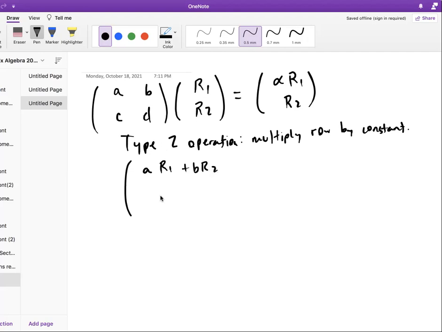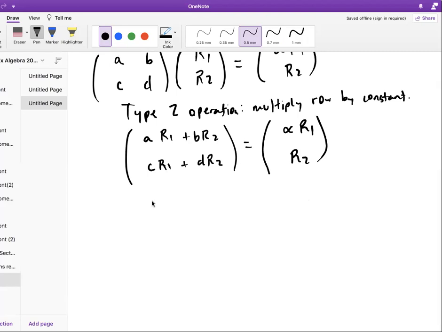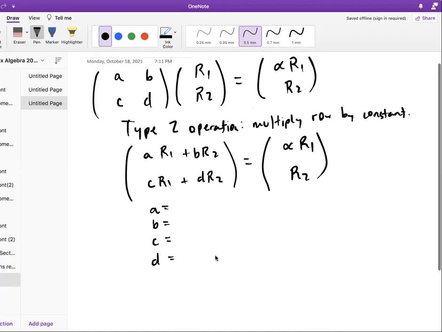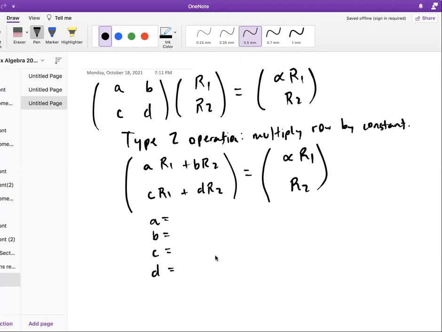What's our A, B, C, D? So we're solving for A, B, C, D here. So if you don't like alpha, just put a 2 there for now or something.